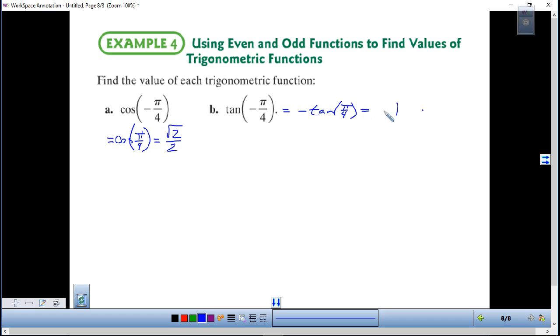And then that means we have to put the negative out front. So here's my original f of x, and since tangent's an odd function, if I take the tangent of negative x, it's just negative tangent of x.